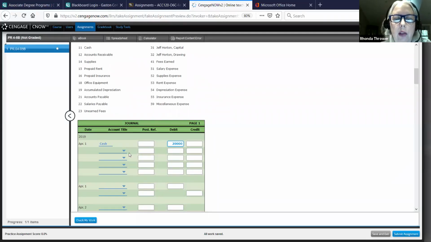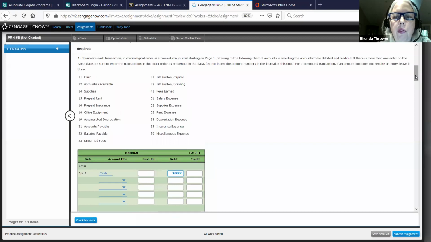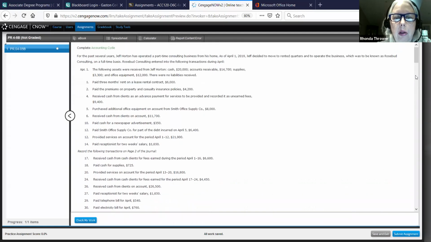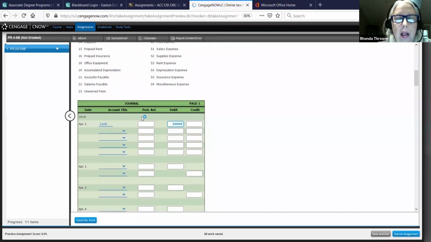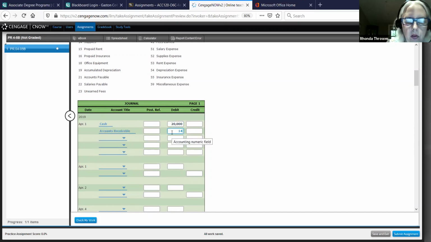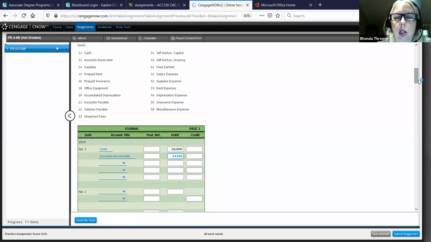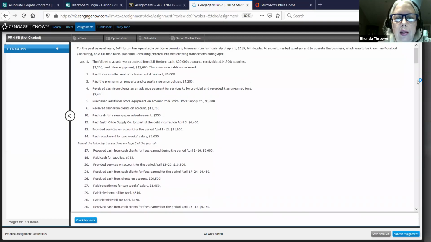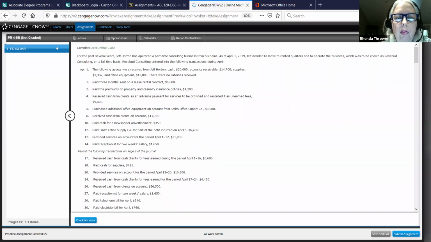The owner also gave the business some accounts receivable, valued at $14,700. So my accounts receivable is going to be debited for $14,700. And then he also gave the business $3,300 of supplies.